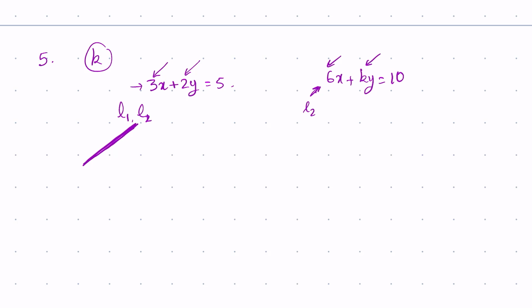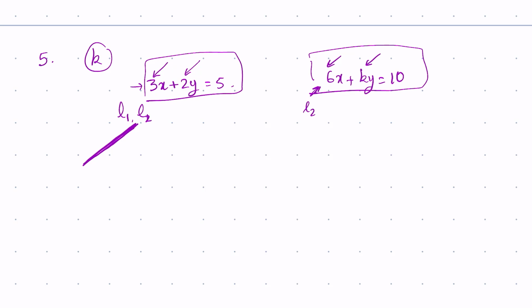Which simply means that if you observe these equations, it looks like if you multiply the first equation by 2 on both sides of the equation, that should do the job. So the condition for infinite number of solutions must be that it's the same line.